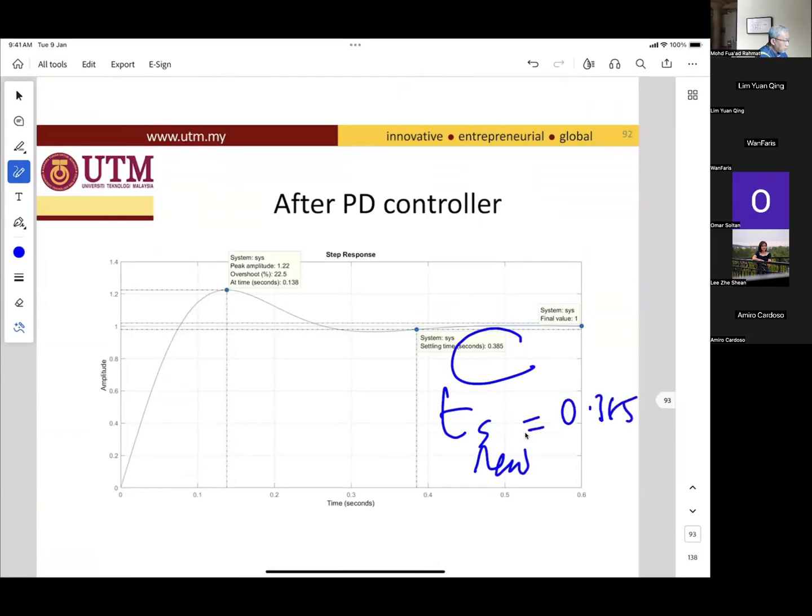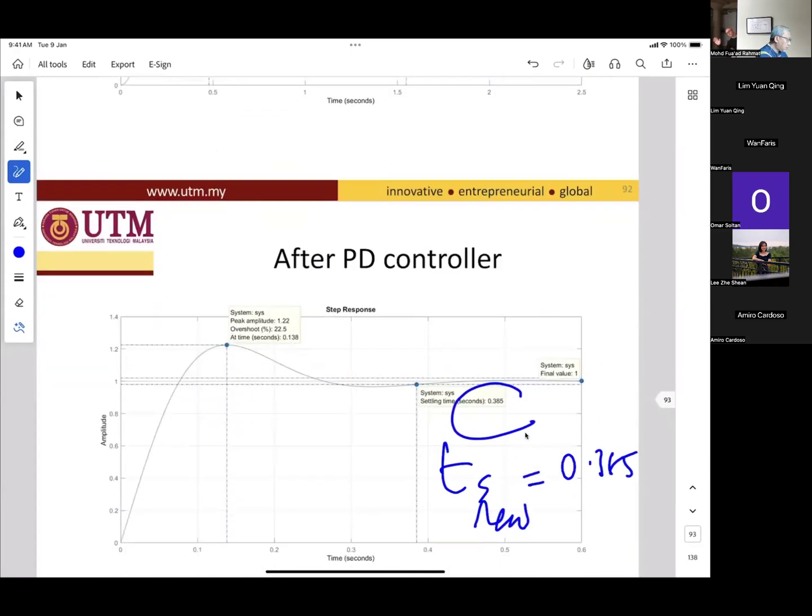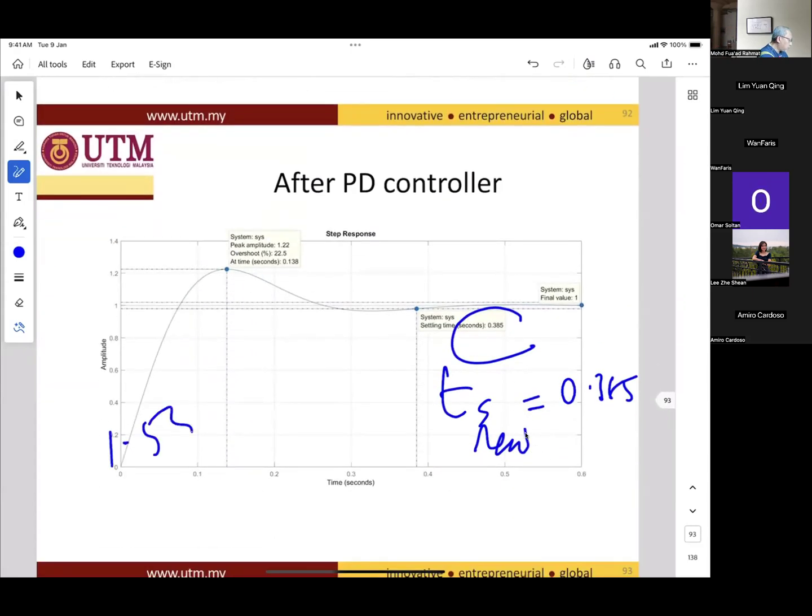So we calculate the ratio 1.55 divided by 0.385. What is the ratio that you get?